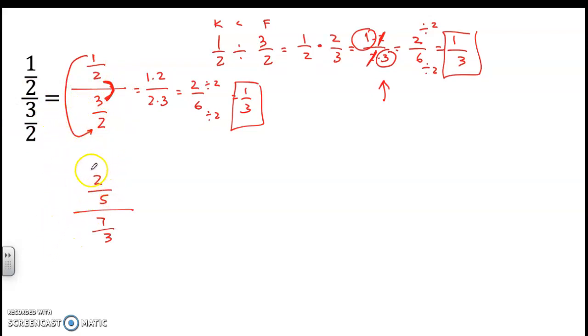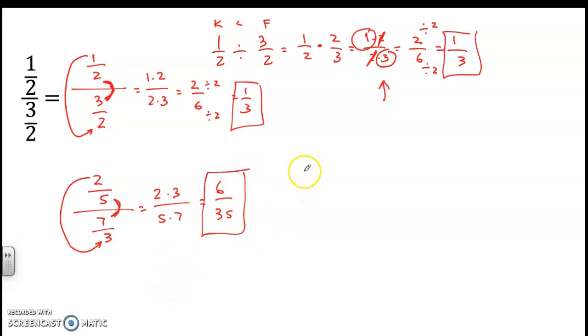So my first number on the top times the very last number on the bottom, that product goes on the top. The product of the two middle values goes on the bottom. After that, you just multiply. 2 times 3 is 6. 5 times 7 is 35. Can I reduce this? I cannot.